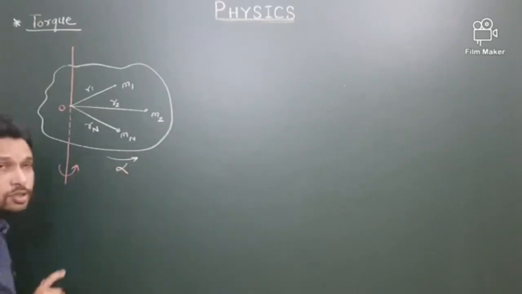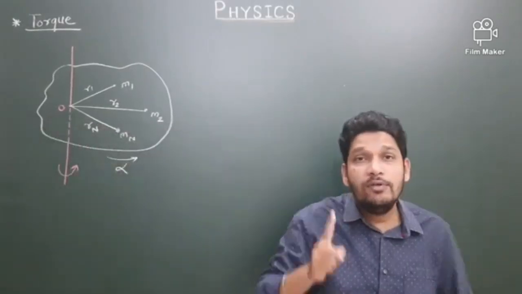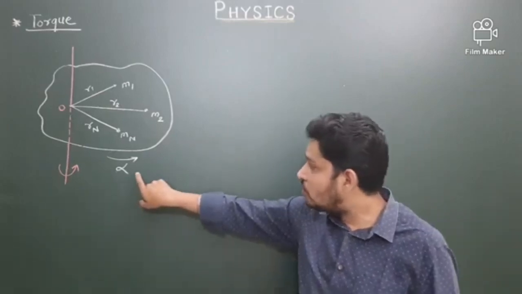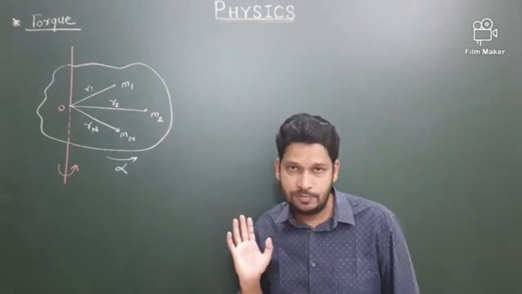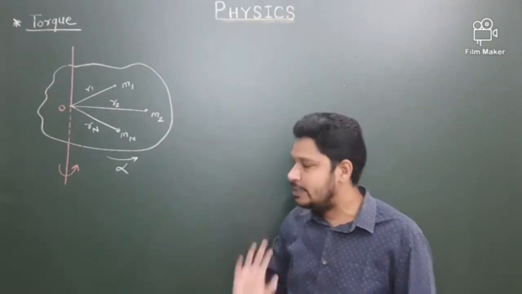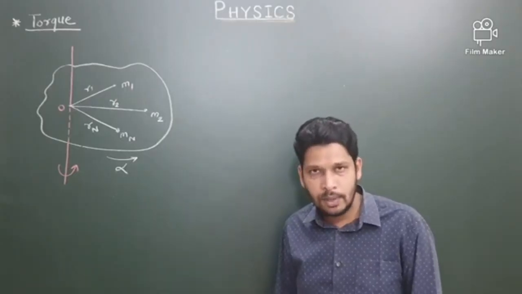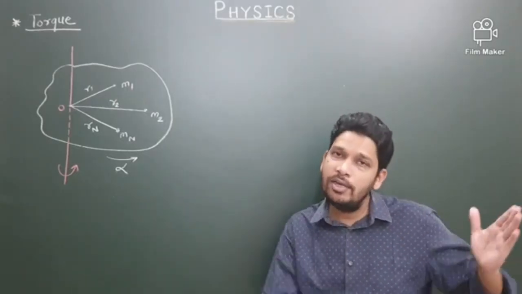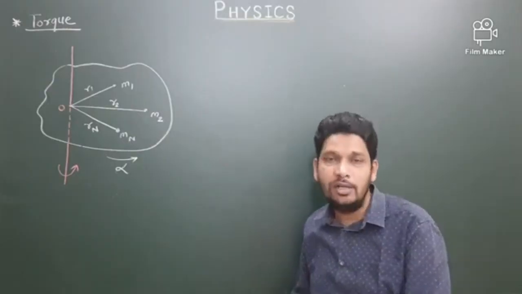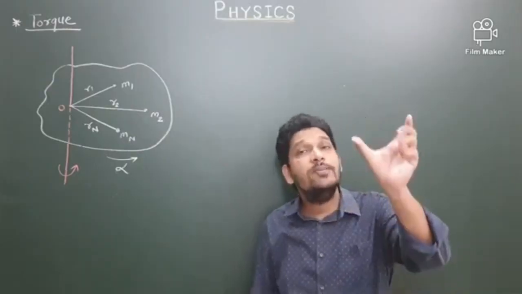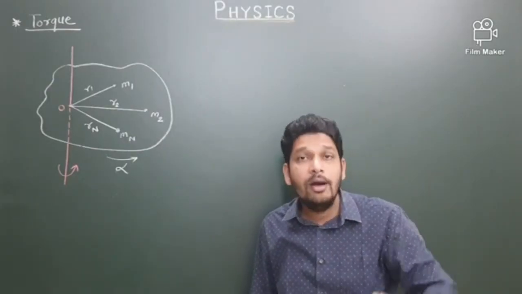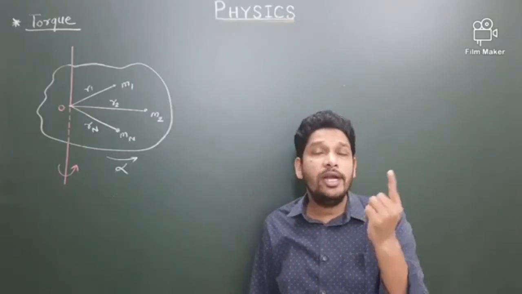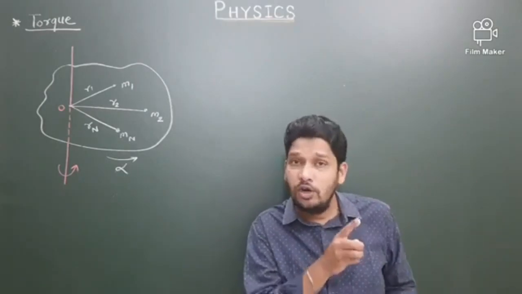So the body is not rotating with constant angular velocity, it is rotating with constant angular acceleration. You should understand the difference between the two derivations and this derivation. The derivation is of similar type, but in kinetic energy and angular momentum, the body was rotating with constant angular velocity omega.